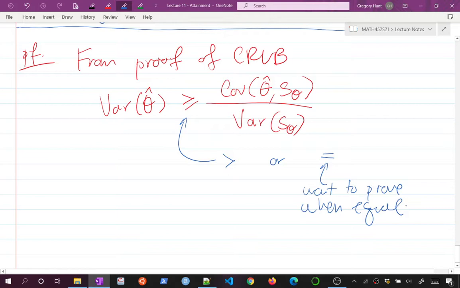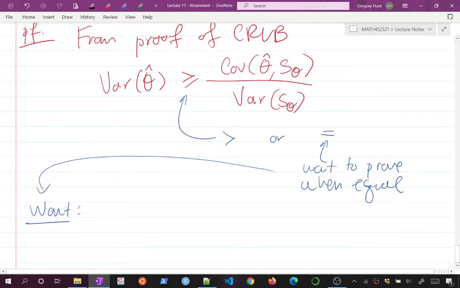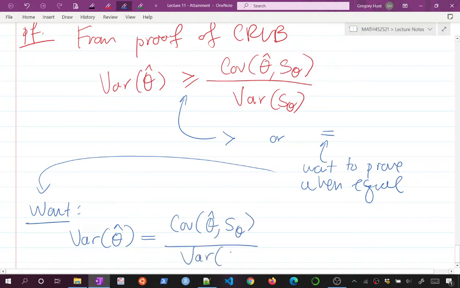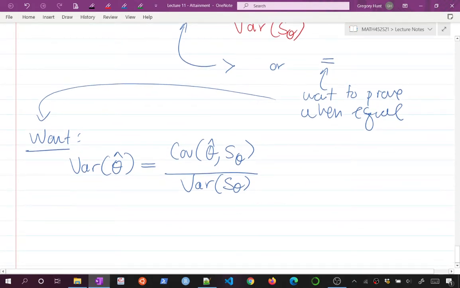What we want is that the variance of theta hat be equal to the covariance of theta hat and the score over the variance of the score. That would be the case where our theta hat achieves the CRLB.